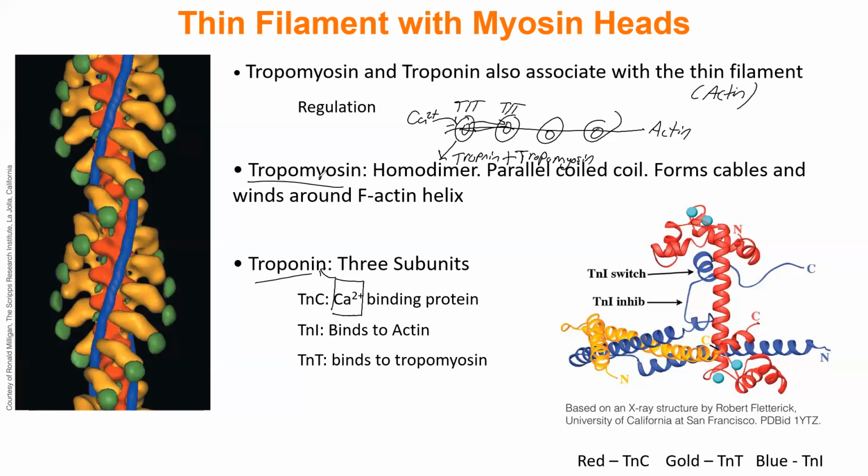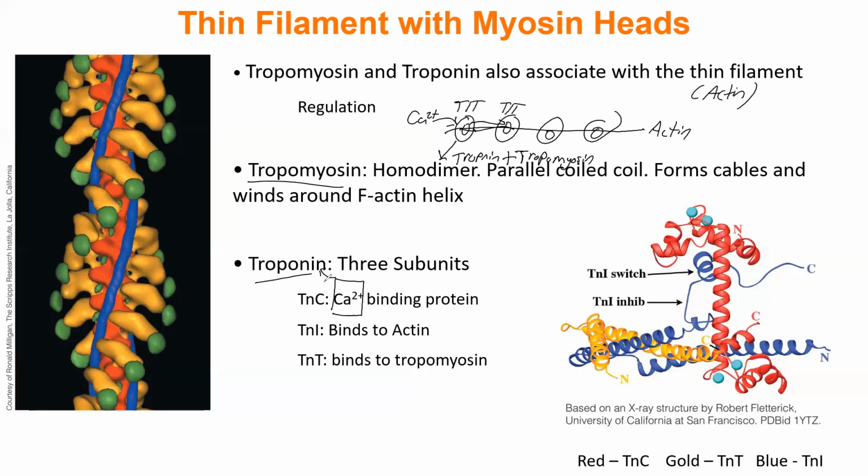So tropomyosin only interacts with actin if troponin is present. And troponin falls off if calcium is present. That's how that system works. So you need troponin to allow tropomyosin to stay on the actin.